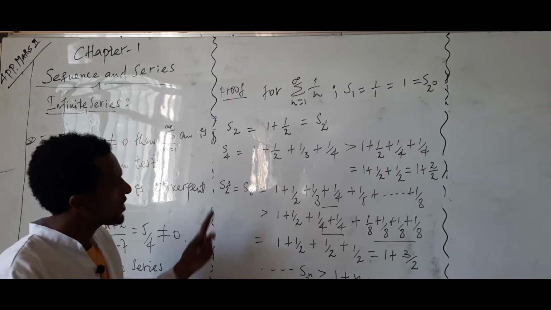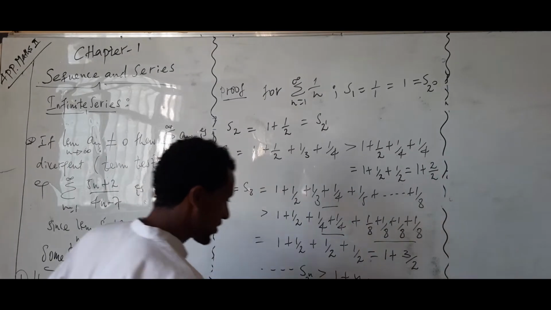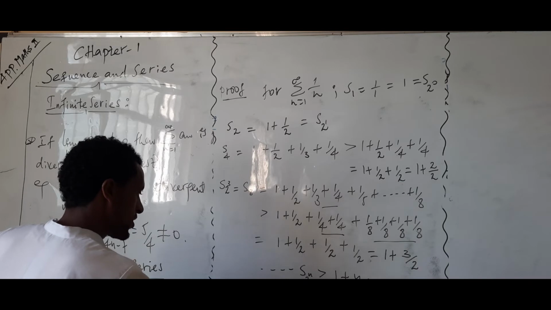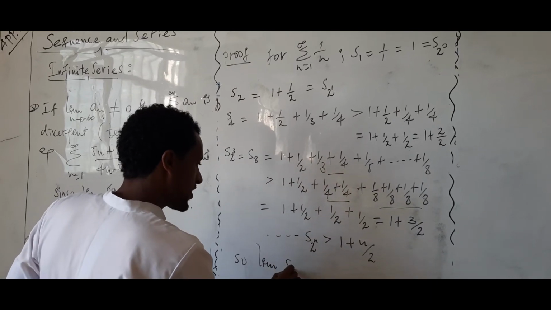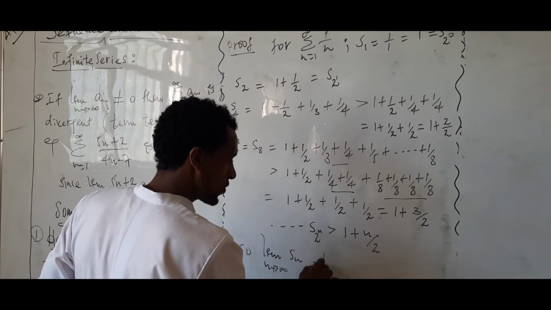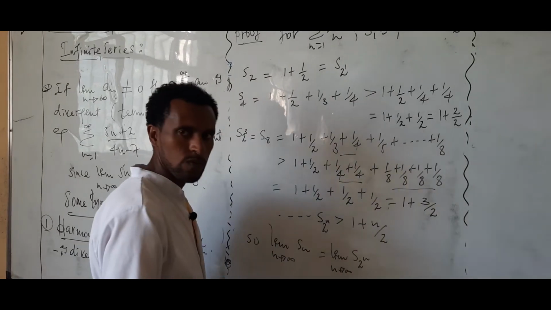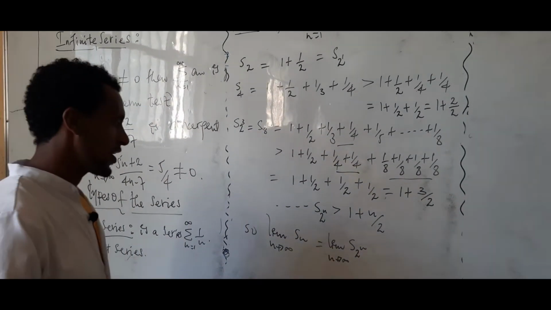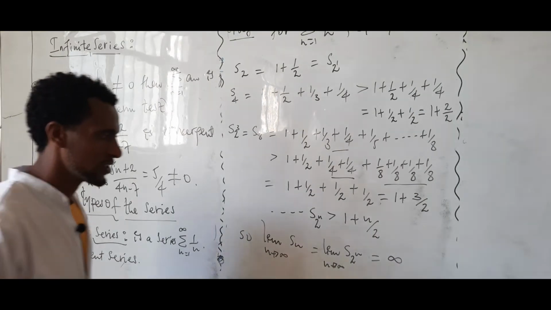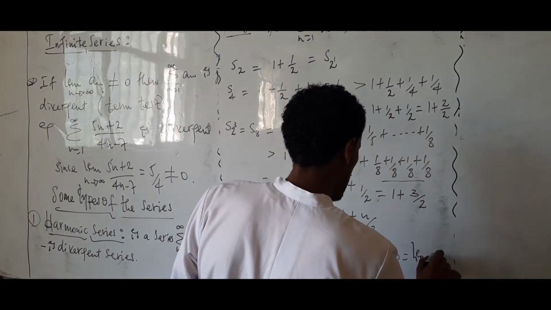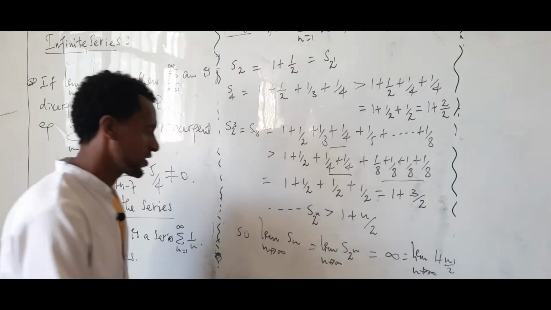Look, the limit of Sn as n goes to infinity is equal to the limit of S to the power of n as n goes to infinity, which is equal to positive infinity, since the limit of 1 plus n over 2 as n goes to infinity is equal to positive infinity.